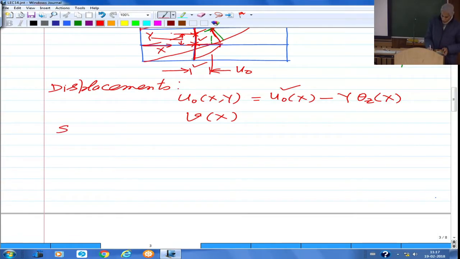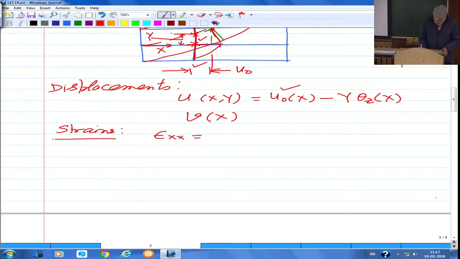So then we talk of strains. Again, corresponding to x, y and z, epsilon xx would be, as you know, this is, I'm sorry, this is u, not u naught. That is u at any point xy written in terms of u naught, the displacement along the x direction of a point on y equal to 0, and then these two terms.